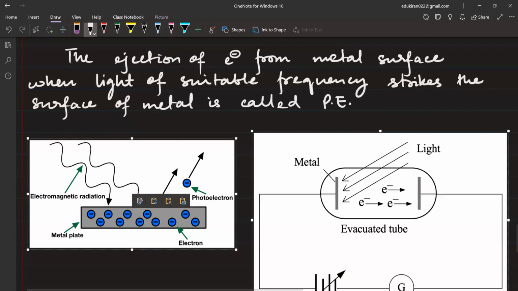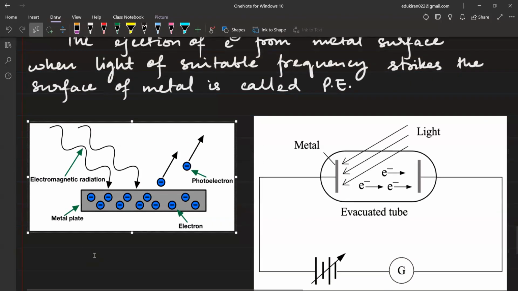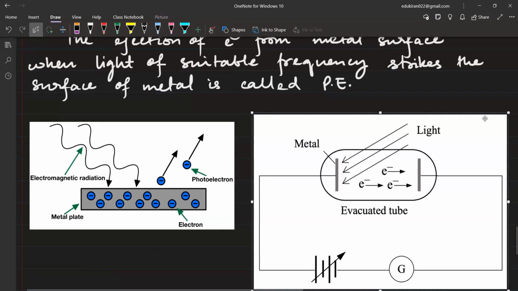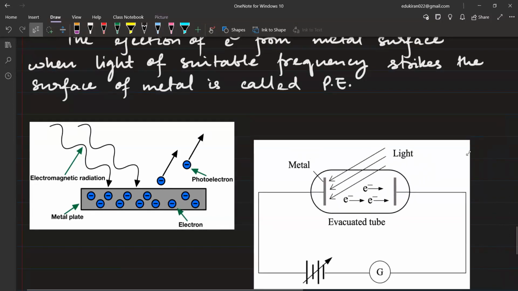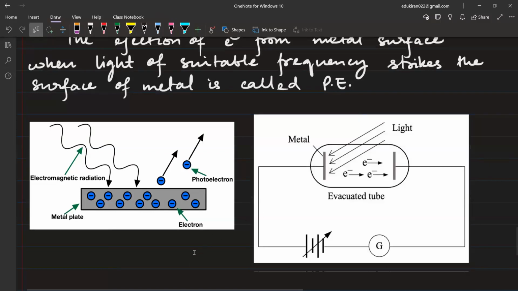The first picture shows that when an electromagnetic wave of suitable frequency hits the metal surface, the negatively charged electron gets ejected. This is what is happening. That is the photoelectric effect, and how it was done is shown in the next figure.